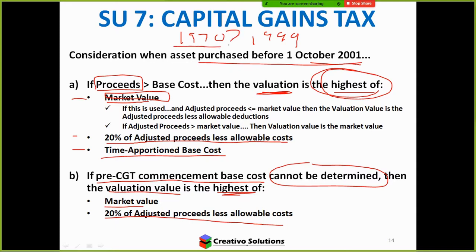Maybe the transaction details are missing or lost, or you don't have them. If it can't be established, then SARS is going to use this as a way to calculate the valuation value. All of these workings are looking at the valuation. What is the valuation value going to be?